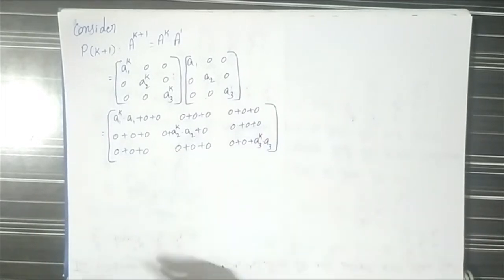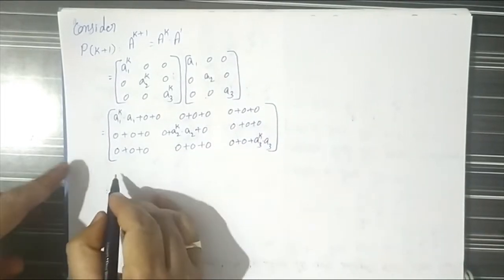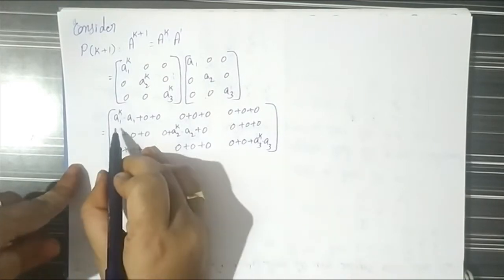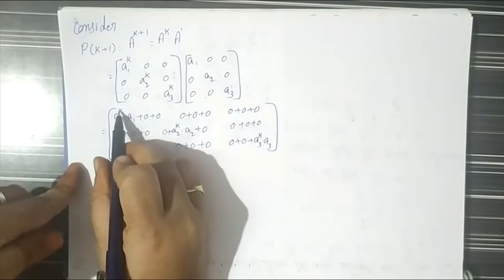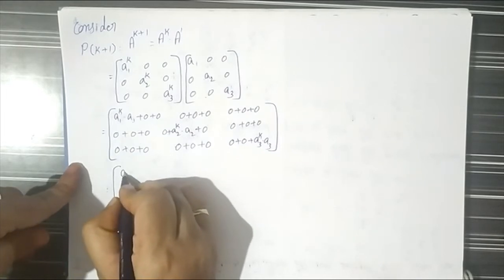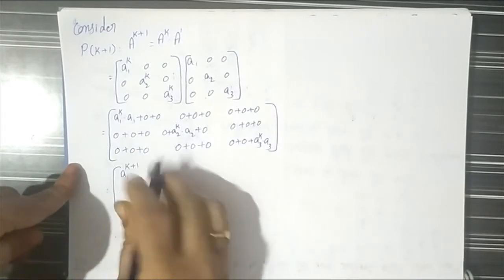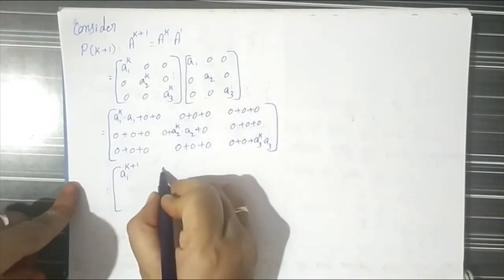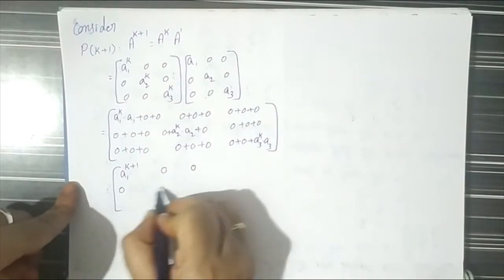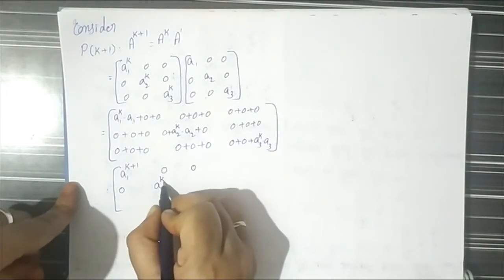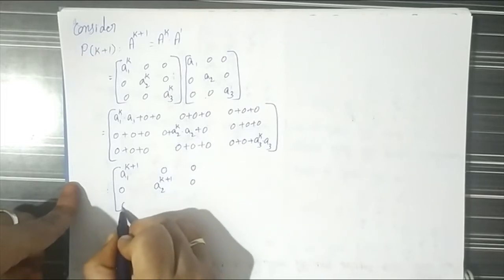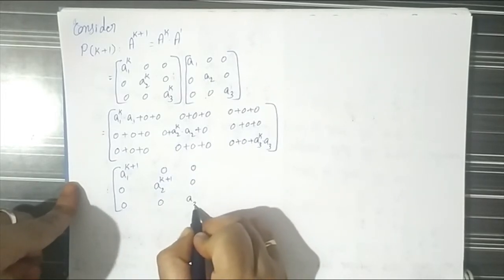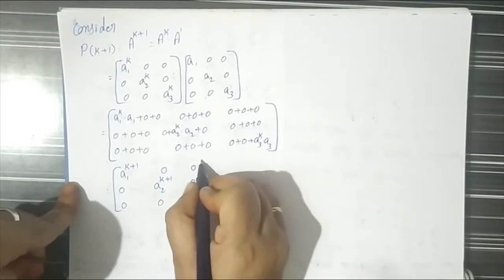After multiplication, the matrix is equal to a1 power k plus 1 0 0, 0 a2 power k plus 1 0, 0 0 a3 power k plus 1.